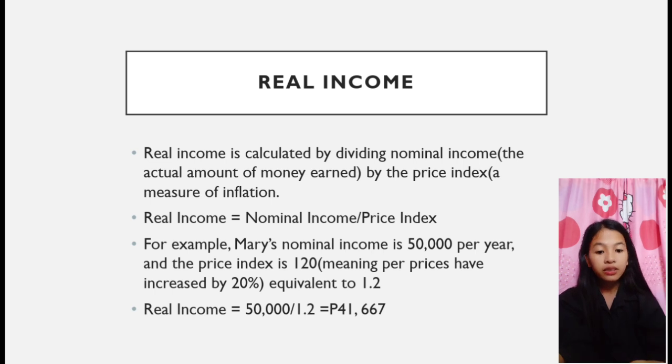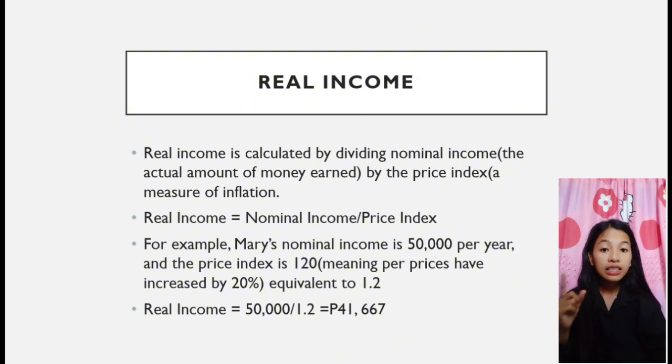Real income is calculated by dividing the nominal income. Nominal income is the actual amount of money earned, how much you earned that month or per year. The price index is a measure of inflation, showing the percent increase in prices.